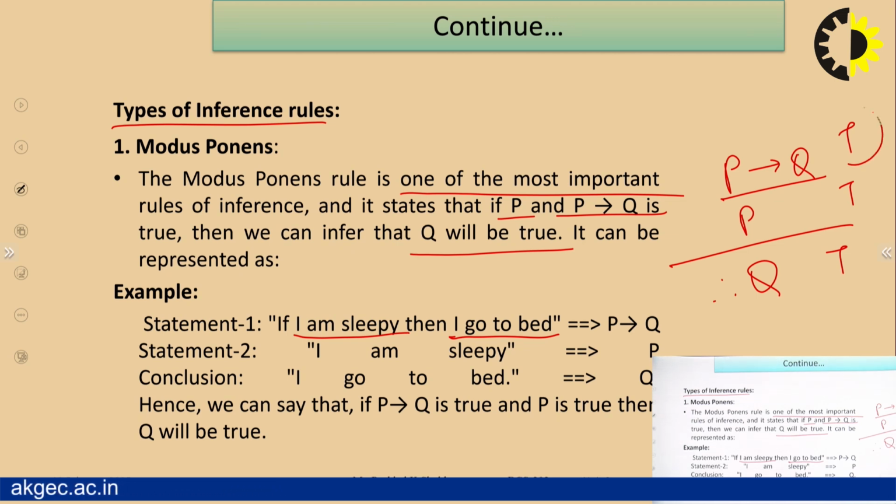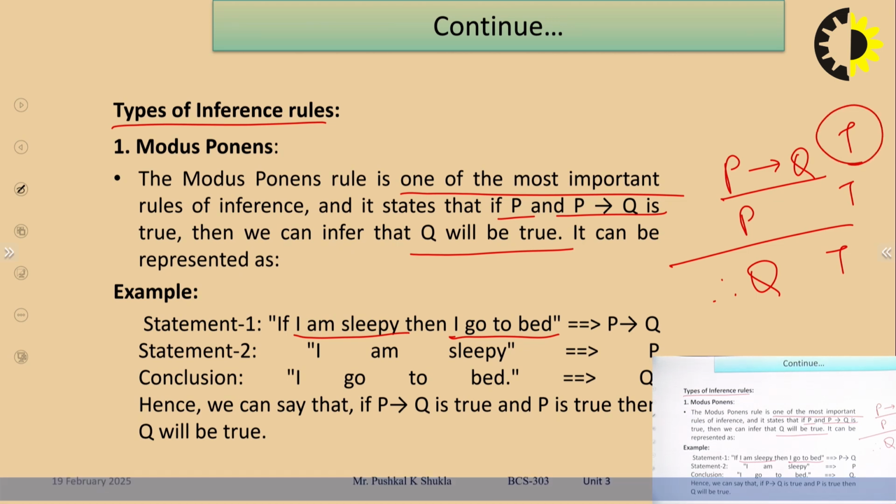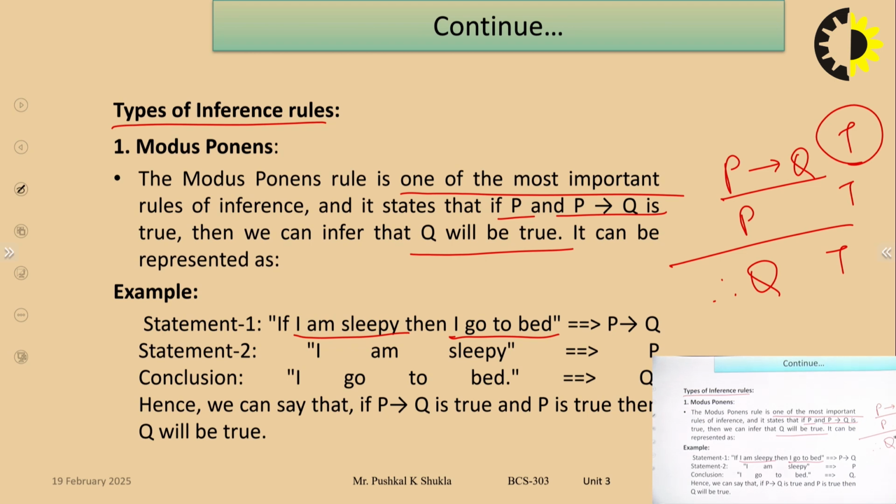This is true. And statement 2, that is P, I am sleepy. P is also true. If I am sleepy, then I go to bed. I am sleepy. Then what we infer is that Q is also true, I go to bed. So we infer I go to bed.